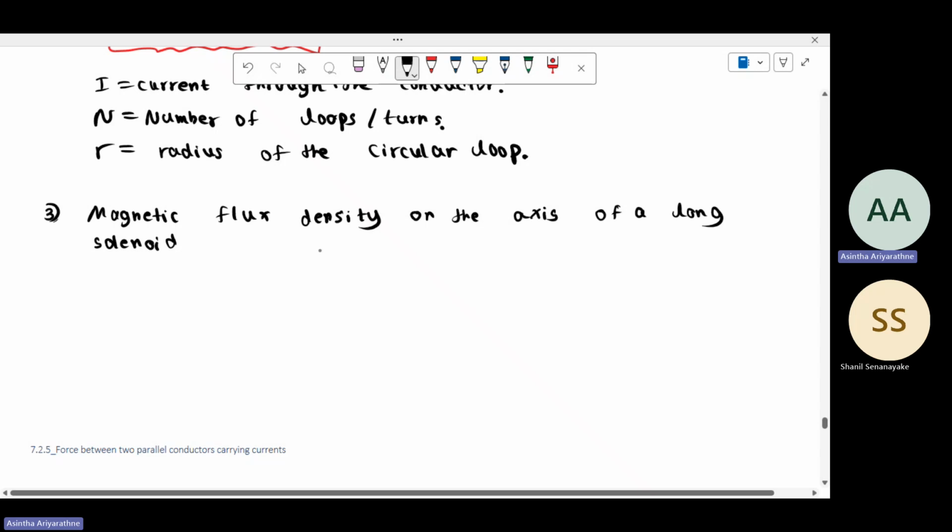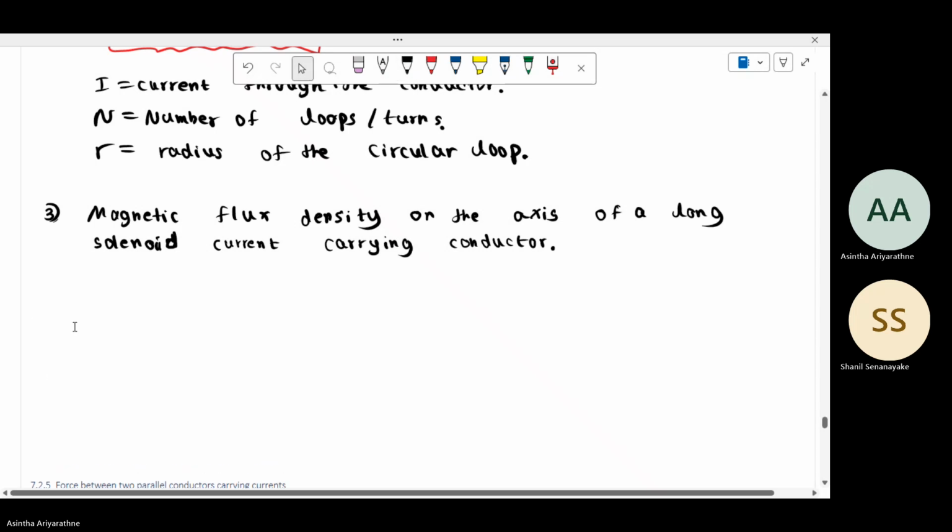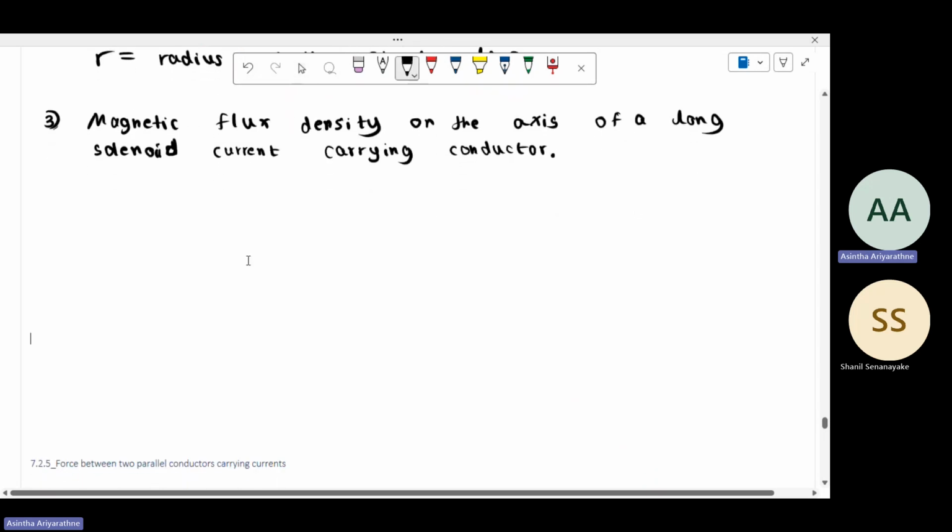The axis of a long solenoid current carrying conductor, something like this.